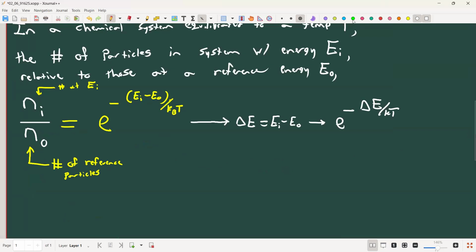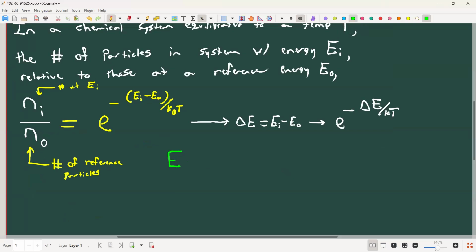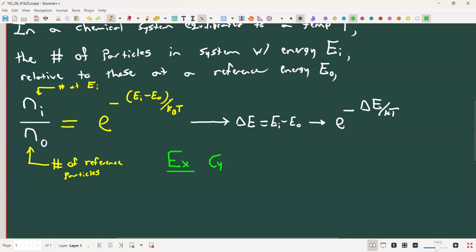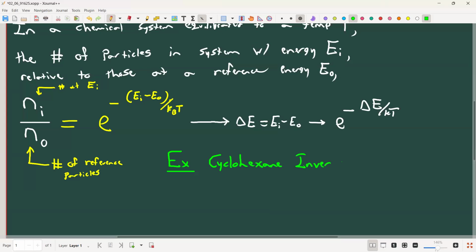Why this is important. This is one of my favorite examples from spectroscopy. It's the problem of what's called the cyclohexane inversion.